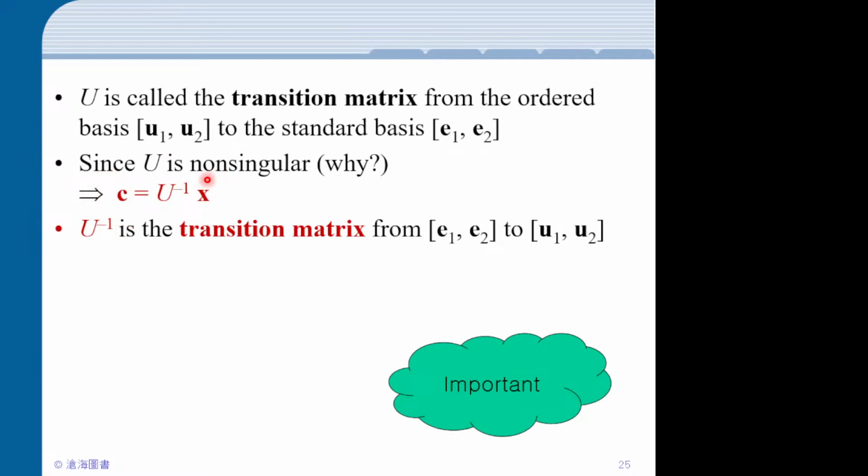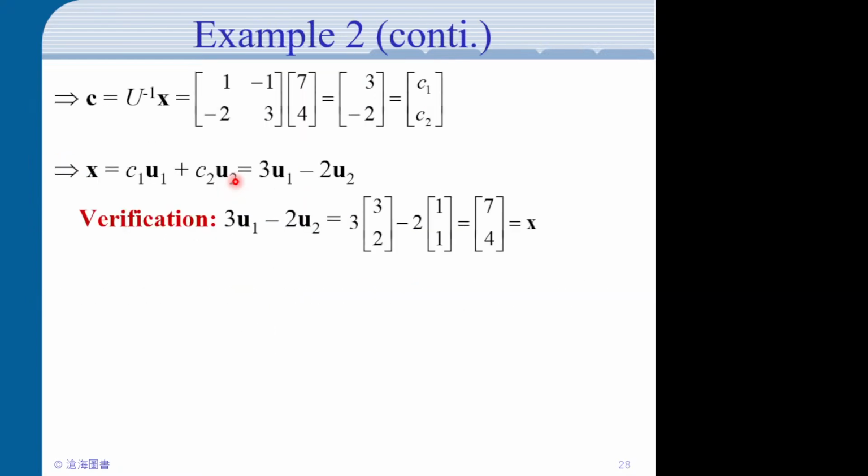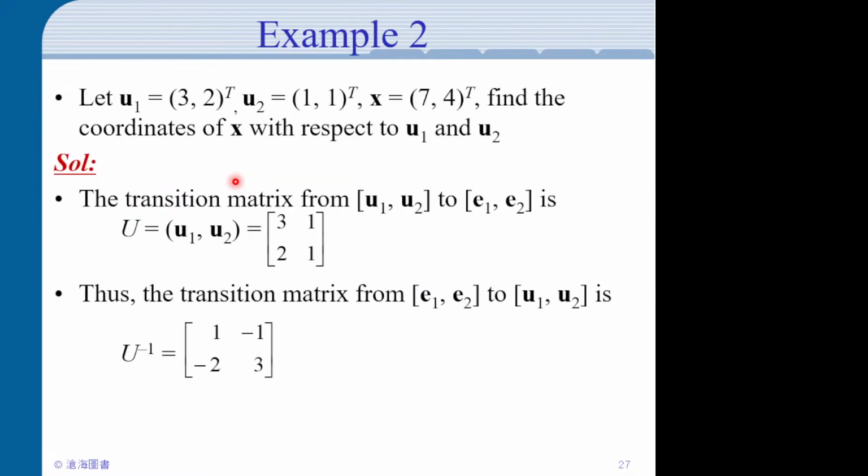So you find out the transition matrix from your standard basis to your new basis is just this U inverse matrix. And from this, we can easily transform from an arbitrary basis to another arbitrary basis.